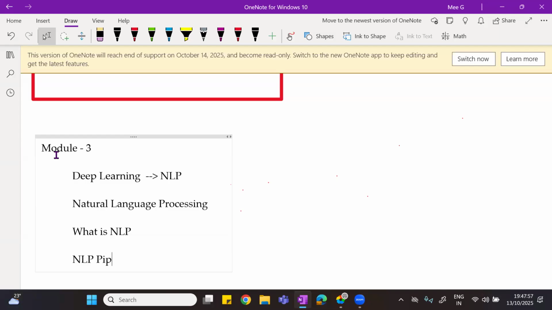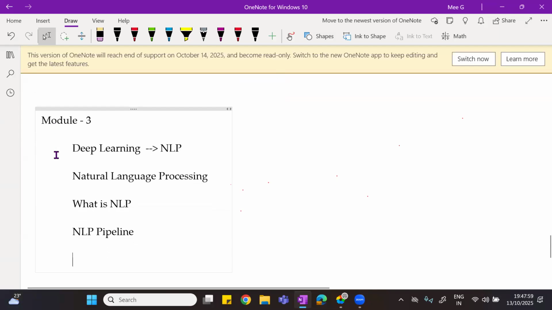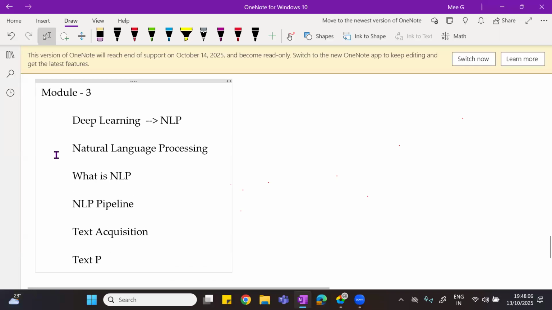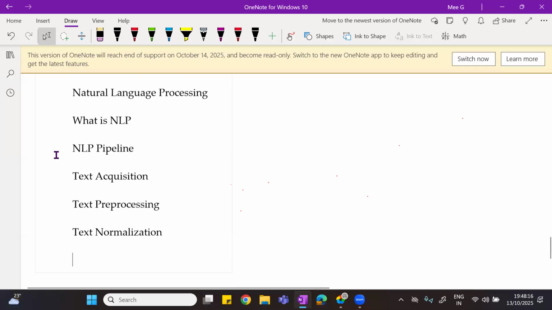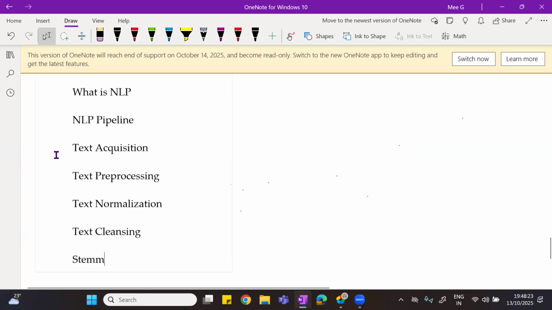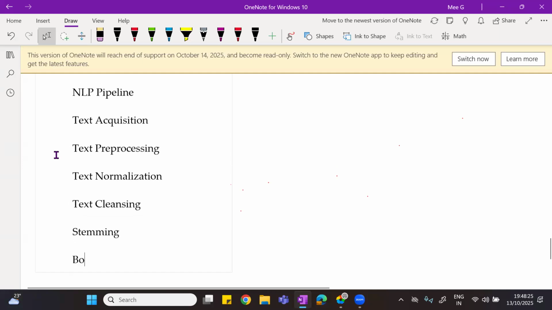NLP pipeline: text acquisition, text pre-processing, text normalization, like text cleansing, and we have the stemming, bag of words. This is called bag of words.